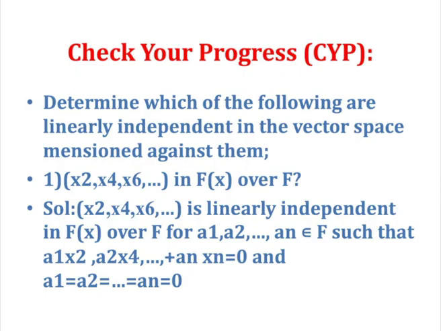First question: x2, x4, x power 6, etcetera in F of x over F. Solution: x2, x4, x6 is linearly independent in F of x over F, for all a1, a2, etcetera a n belongs to F such that a1 x2 plus a2 x4 plus a3 x6 plus so on a n x n equals 0 and a1 equals a2 equals so on a n equals 0.